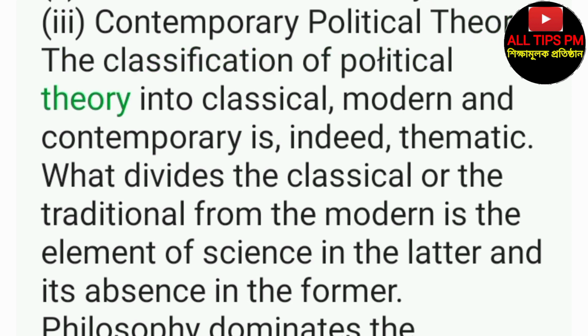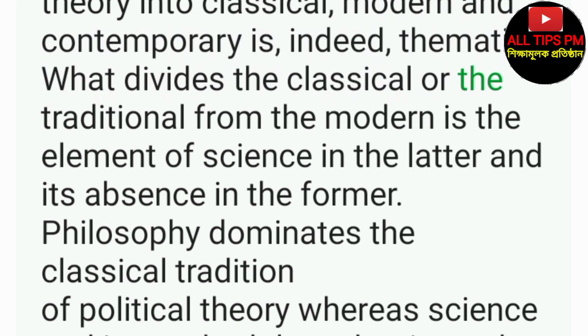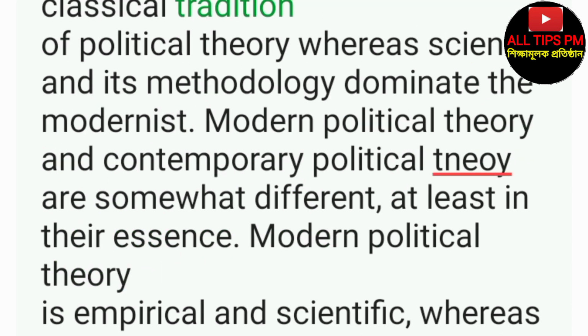The classification of political theory into classical, modern and contemporary is, indeed, thematic. What divides the classical or the traditional from the modern is the element of science in the latter and its absence in the former. Philosophy dominates the classical tradition of political theory, whereas science and its methodology dominate the modernist.